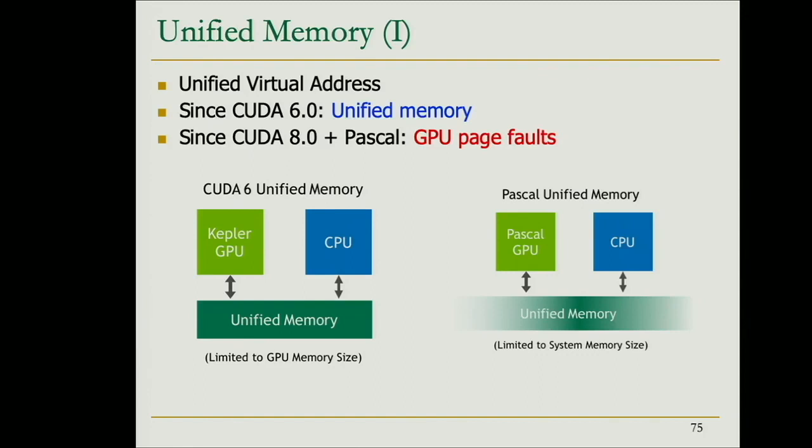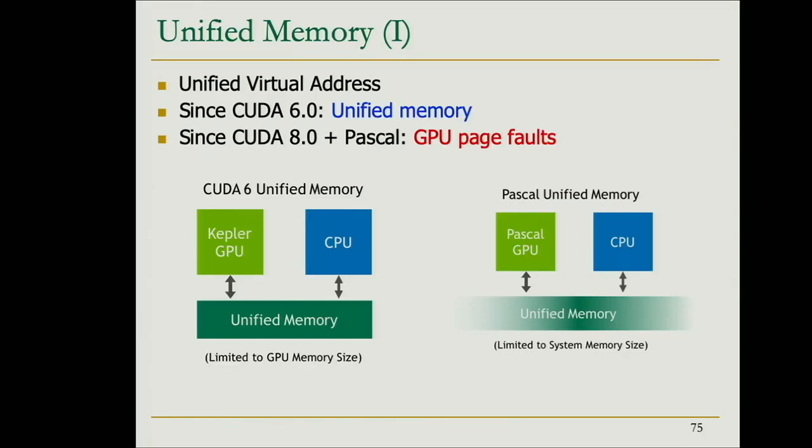This page, typically 4 kilobytes, is transferred from the CPU memory to the GPU memory in a transparent manner. And it can also happen the other way around. It's memory coherent, meaning that if the GPU takes these 4 kilobytes, modifies them, and after that the CPU needs to update whatever is in these 4 kilobytes, they will be transferred back to the CPU memory.